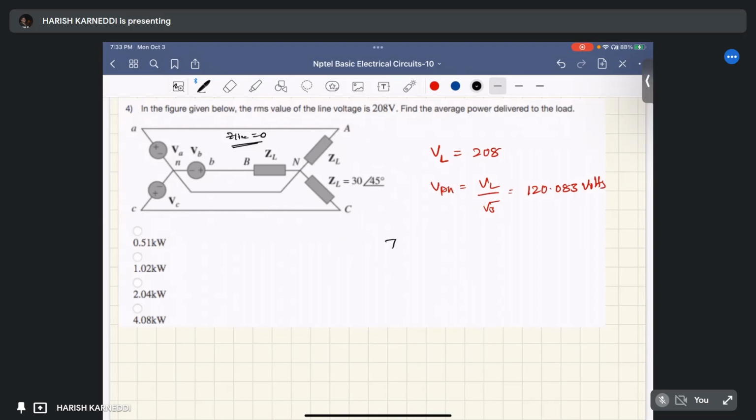So I phase equals V phase by Z phase. Why? Because it is a balanced star load.